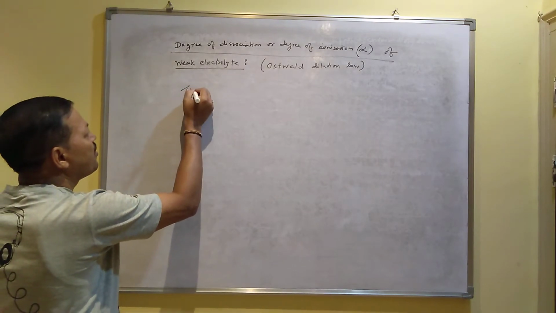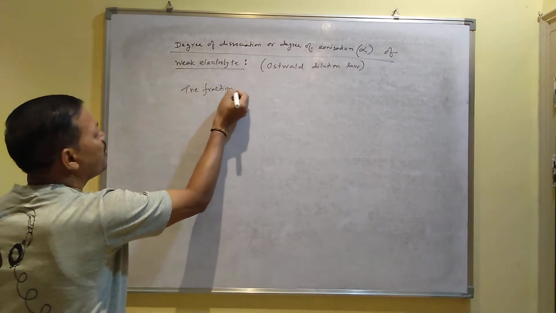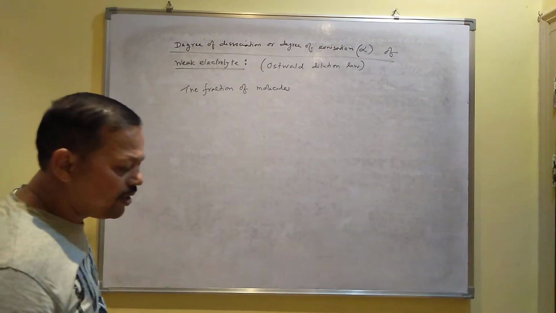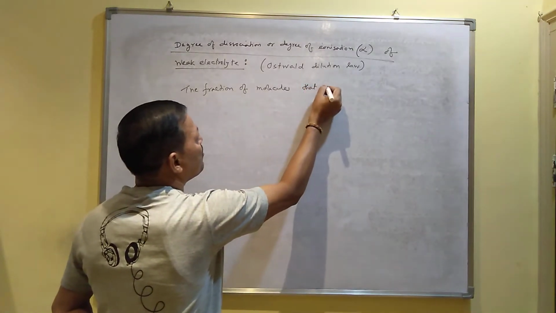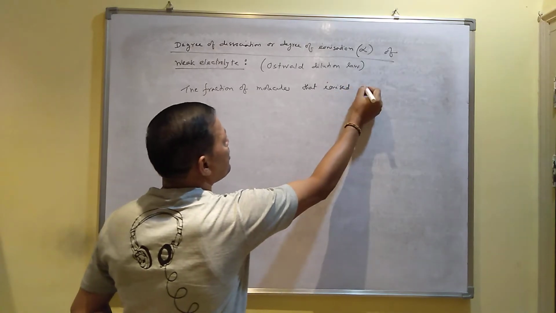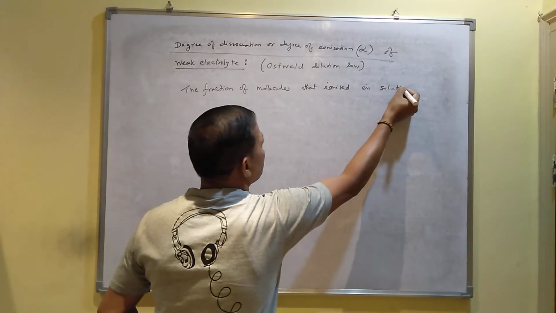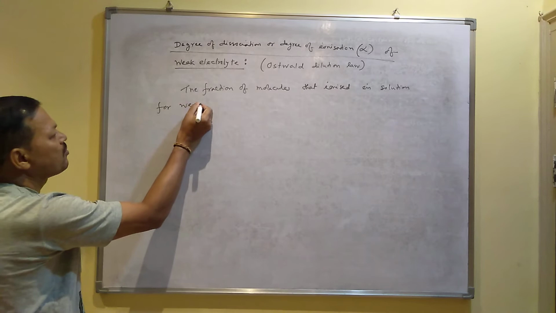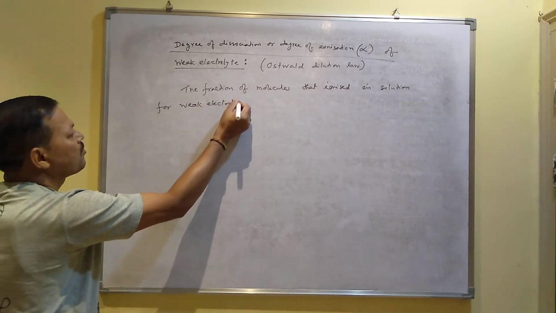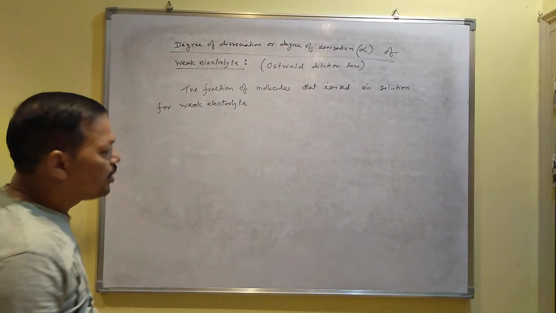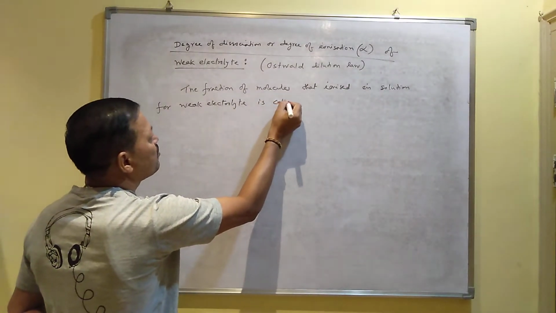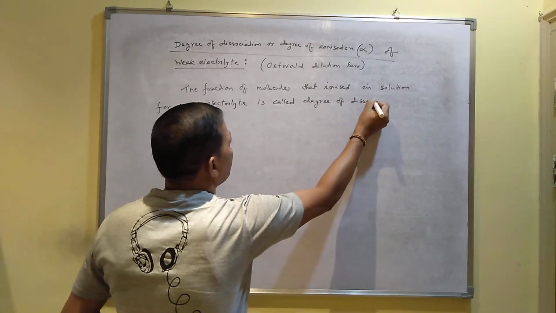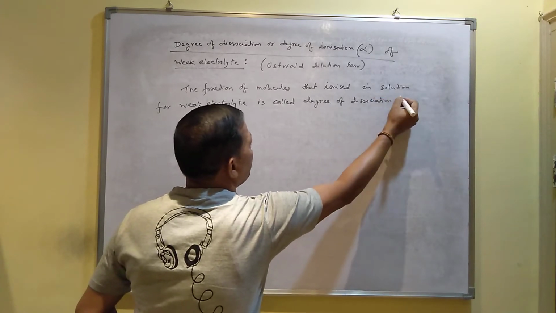The definition is: the fraction of molecules that ionized in solution for weak electrolyte is called degree of dissociation or degree of ionization, and which is represented by the symbol alpha.